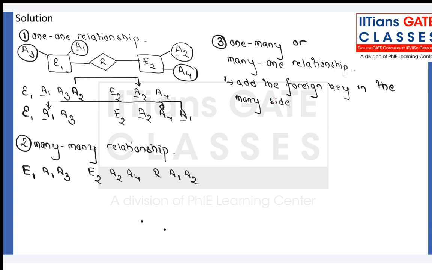If there is a one-to-many relationship, the many part belongs to E2, right? So E1 will be as it is, A1, A3. But for E2, you need to add the primary key of E1 here, which acts as a foreign key. So the foreign key you need to add in the many side.